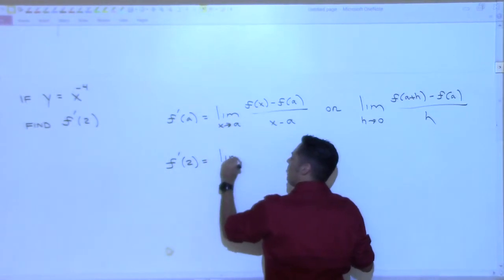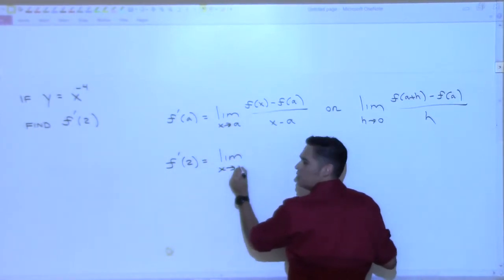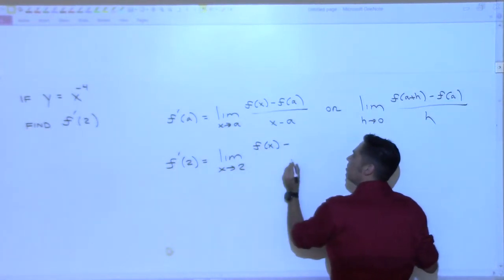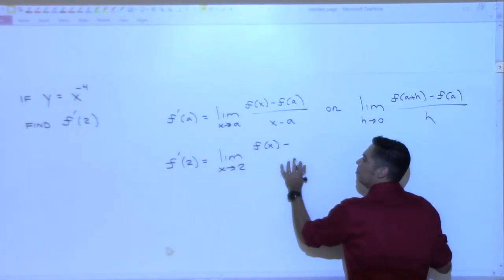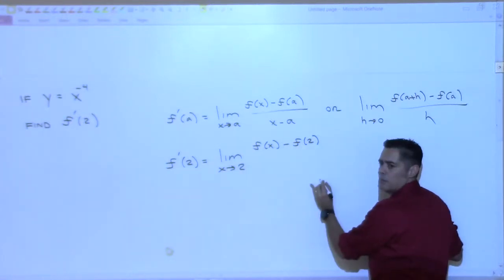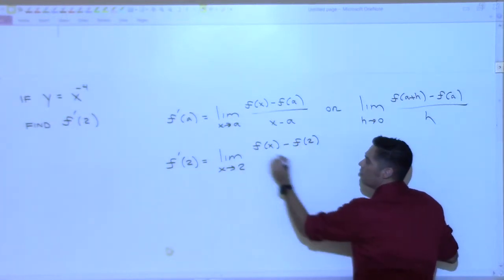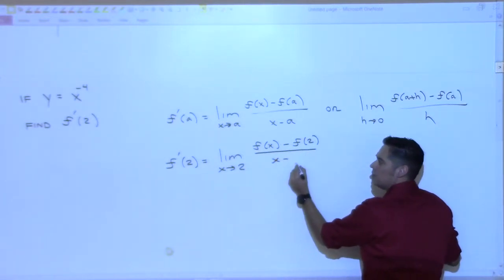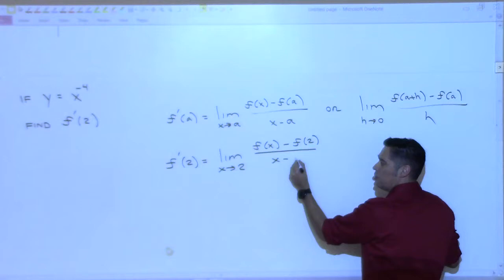So this is going to be the limit as x approaches 2 of f of x minus f of 2 over x minus 2.